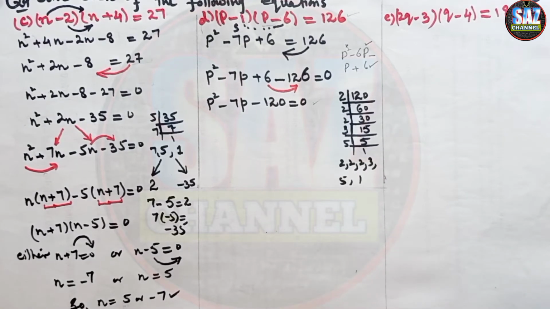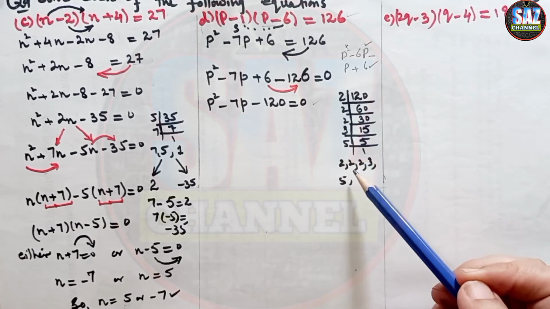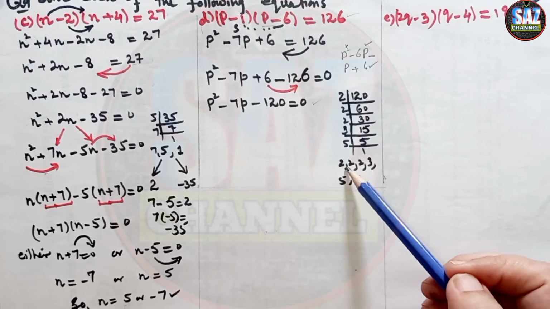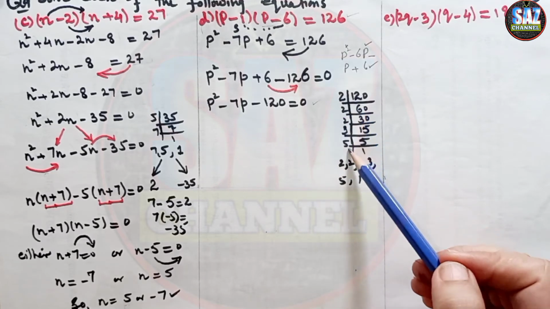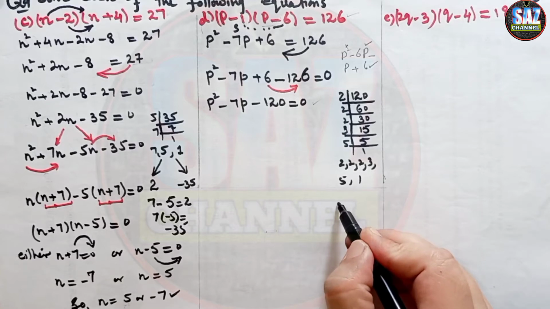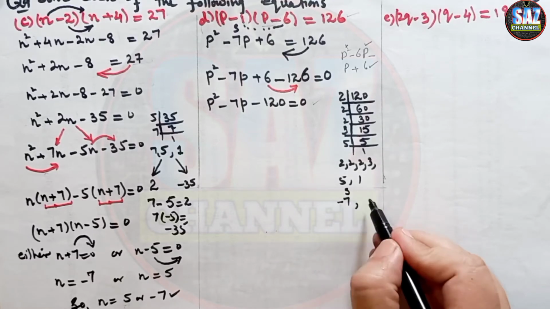Now recall that what we have to do with this long list of the factors, we have to just make two numbers. We have to make two numbers out of all these factors in such a way that when I'm adding or subtracting, I'm getting the middle term, which is minus 7, and when I'm multiplying, I'm getting the product term, which is minus 120.